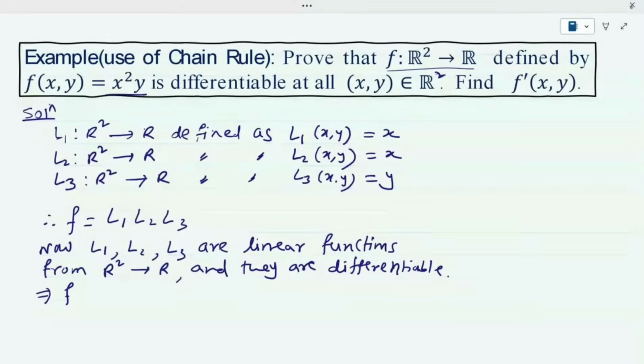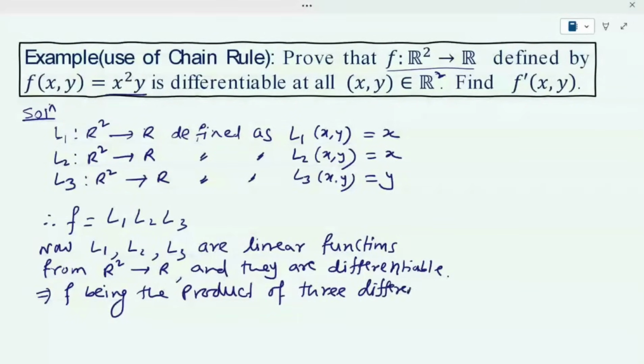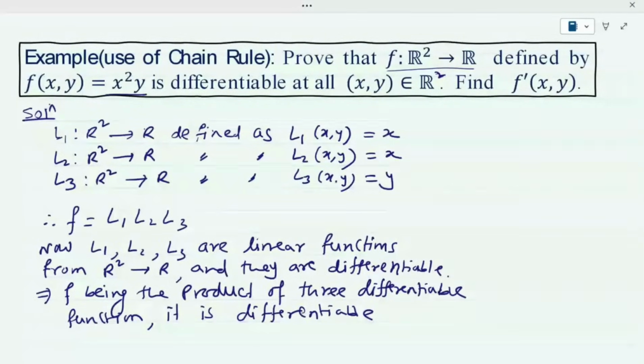So this implies f, being the product of three differentiable functions, is differentiable. Okay, so we got the condition for the differentiability.